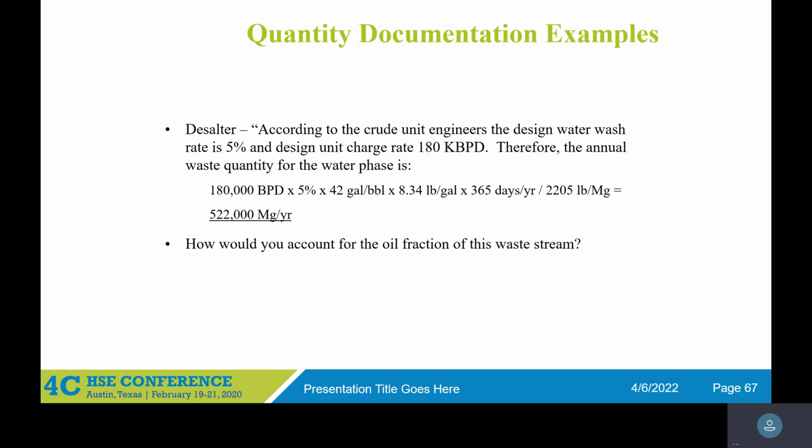And then you can test it. You can extract that layer, or the water and the oil, or you can estimate it based on the rules of thumb that I told you earlier, like divided by 100 or multiplied times 125, depending on which benzene concentration you have.